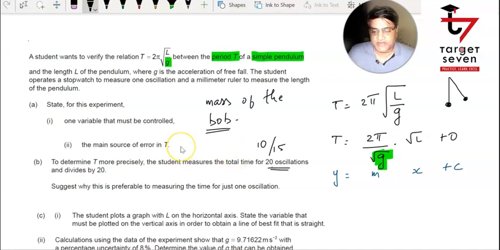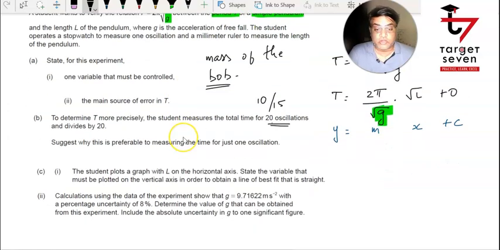All right, then it goes on to say that the student plots a graph with L on the horizontal axis. Achha, so here we actually worked it out considering root L to be along the x-axis. But then here he clearly mentions that length is being considered along the horizontal axis.